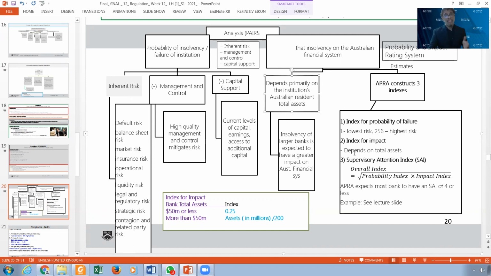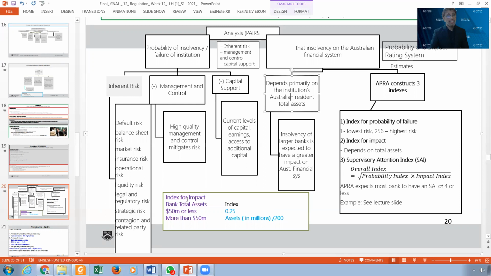The other is the index for impact, which means how big you are, because the collapse of a bigger bank is harder on the economy than that of a smaller bank. And then they develop the SAI, the supervisory attention index, and they expect this to be the square root of the probability index and the impact index.